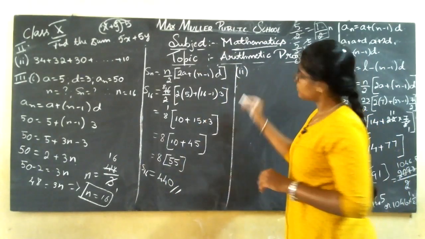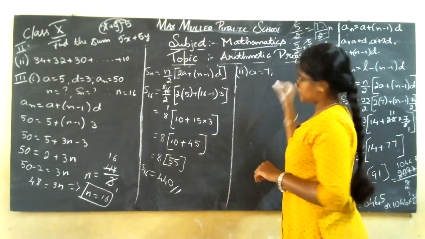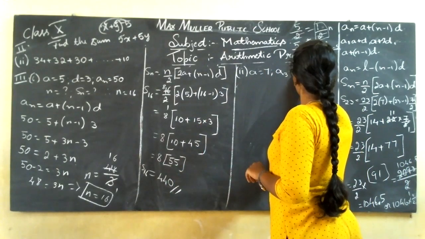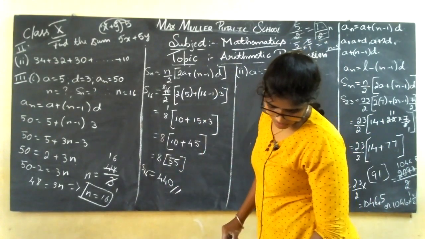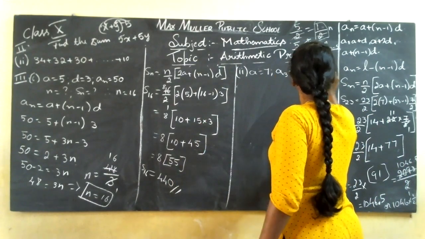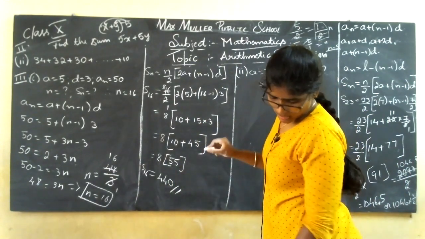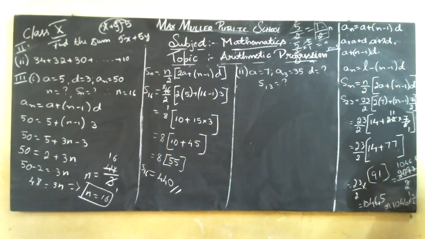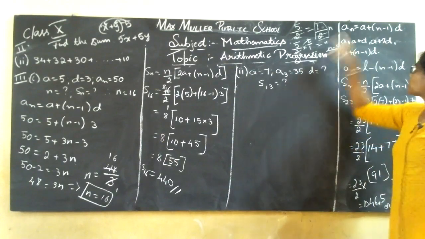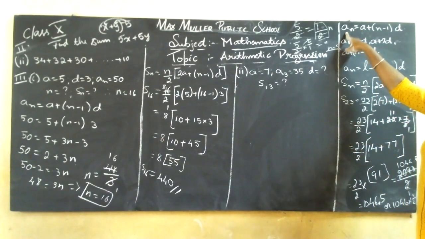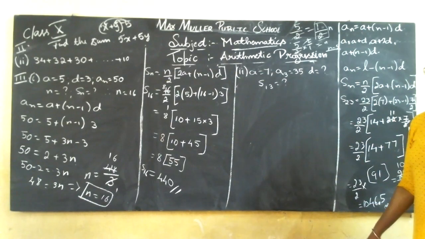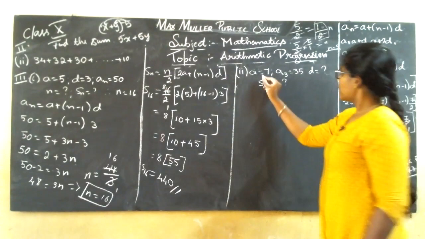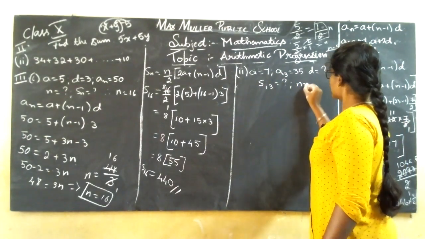Second problem, a value is 7, a13 is 35, then d value is question mark, S13 is also question mark. Now what all you know here? You know a value, you know an value, and you also know n value, correct? What is the n value in the given question? It is 13. So you know an, n is equal to 13.